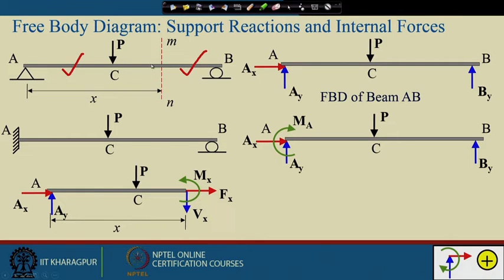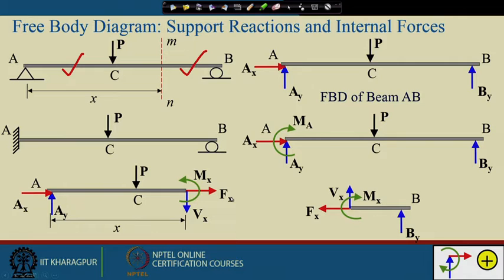Since it is a beam problem, we have three forces: axial force Fx, shear force Vx, and the moment Mx. These VFM are the internal forces, and similarly for this part of the structure, By is the support reaction, and similarly these are the internal forces.